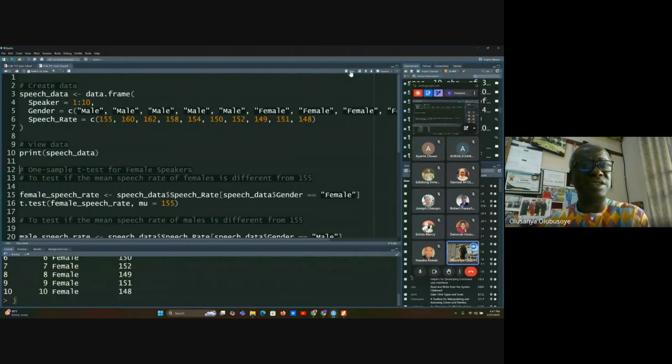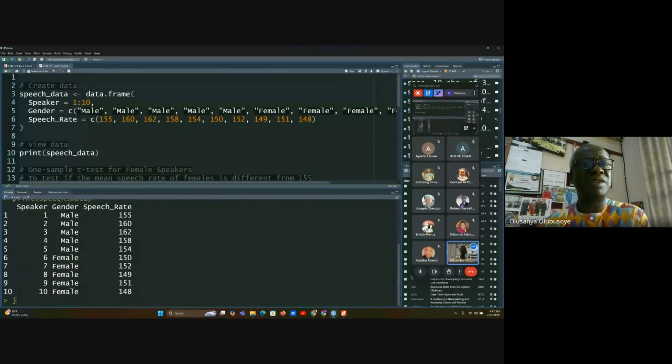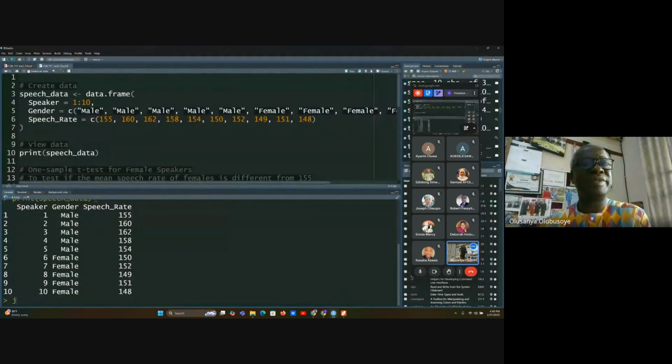If I run this, you will see the data now here, which means RStudio has been able to store the data. I hope you will also be able to generate your own data and use the same code to run your test.